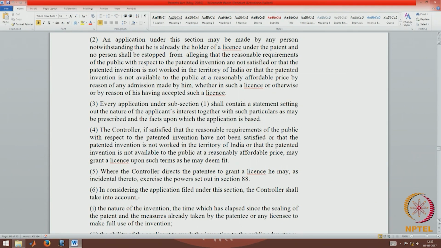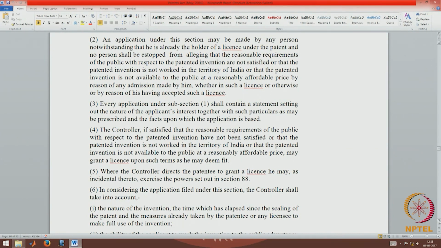So, no person shall be stopped from alleging. Now, no person shall be stopped from alleging means that an interested person can still allege that the invention is not worked in India even if there is a licensee for that patent. So, the 2 things we understand from this subsection are that a voluntary licensee can make an application for a compulsory license, though he has an arrangement with the patentee, and a person is not stopped.